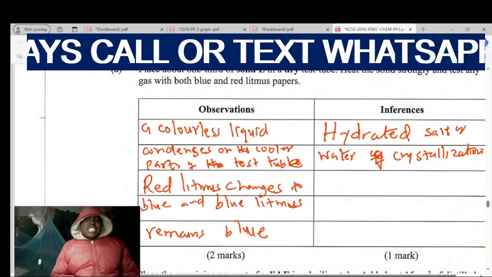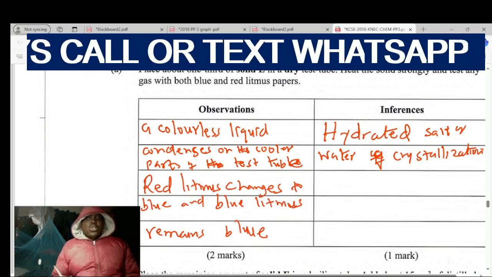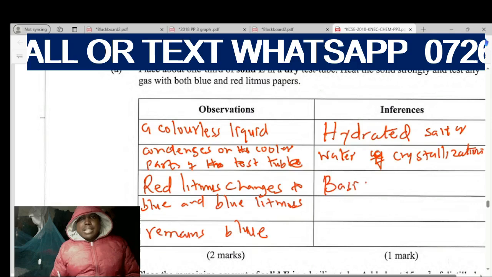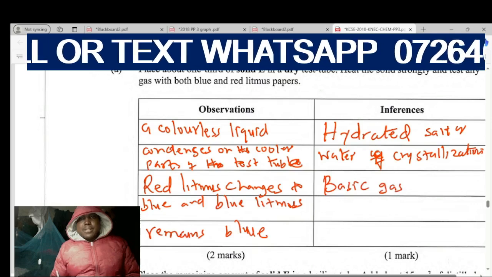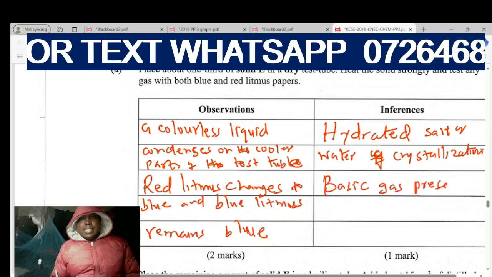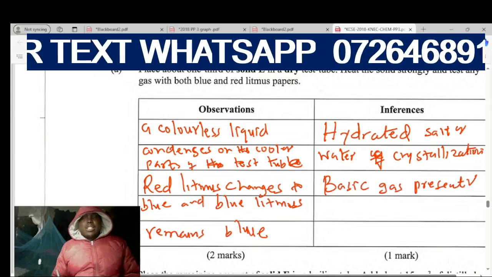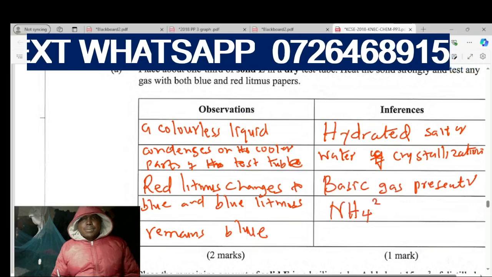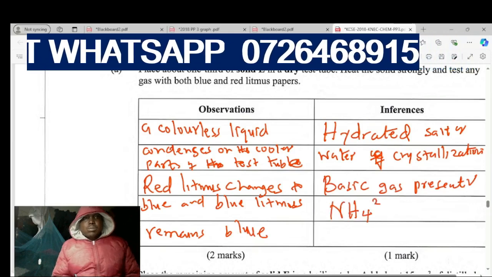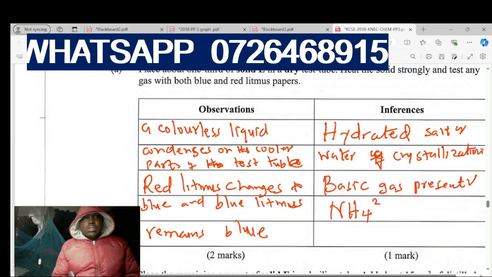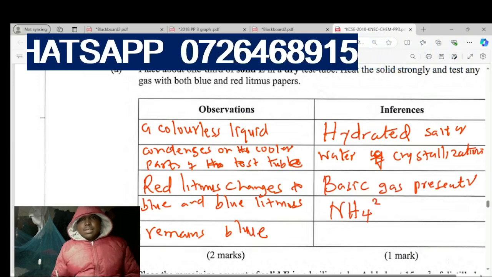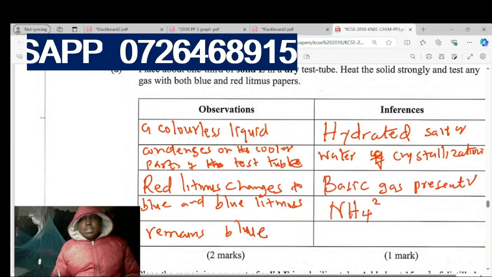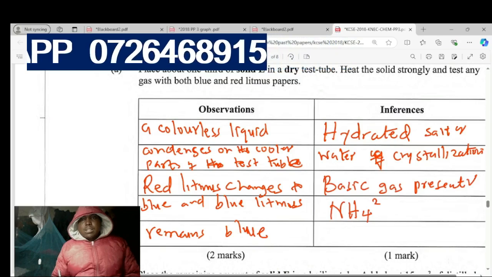so that it can change red litmus paper to blue. So if it is a basic gas, you can simply write basic gas present. It is allowed. Or you write ammonium ion present.